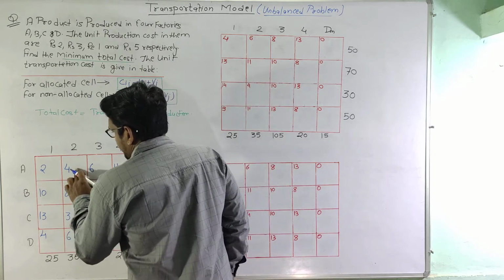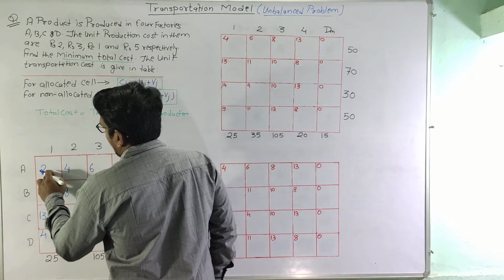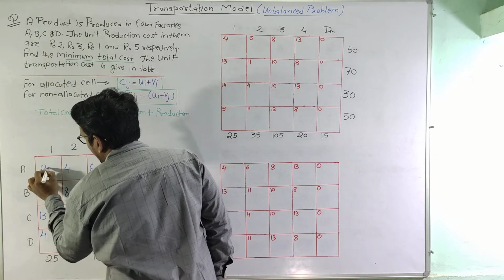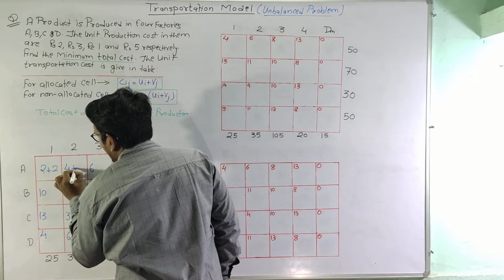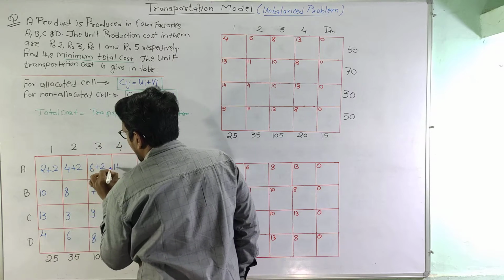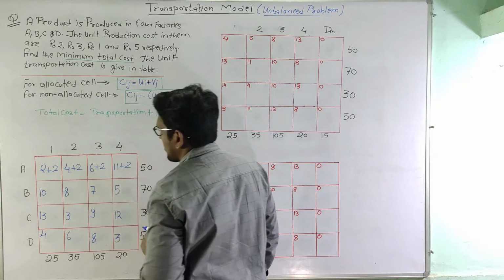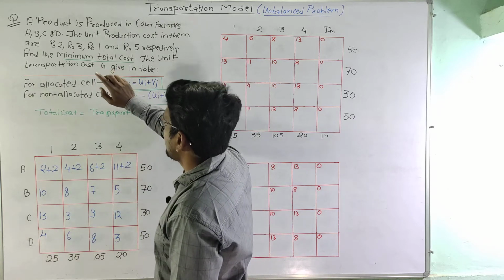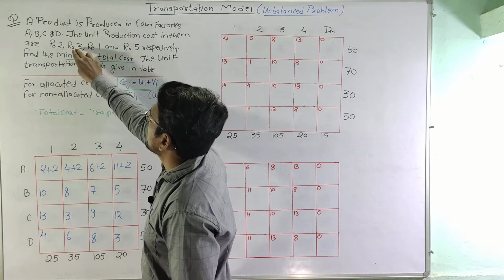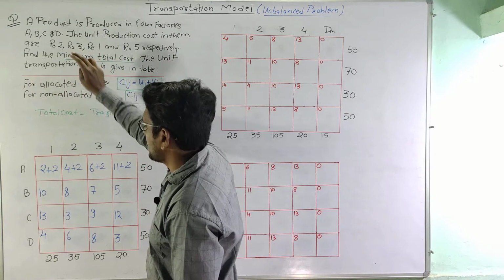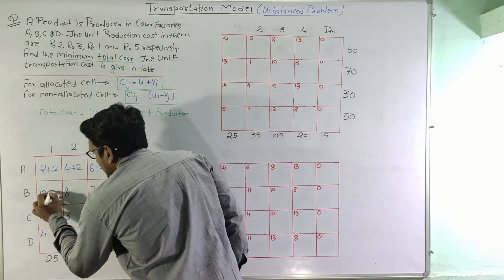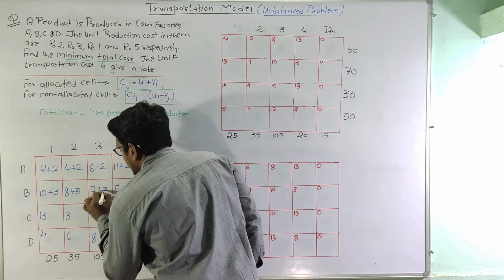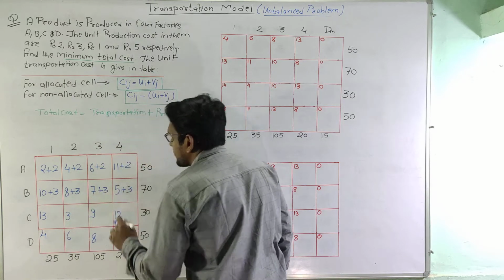So for factory A the unit production cost is 2, so we will add 2 in all the cells. Now this will be the total cost, and factory B has unit production cost as rupees 3. That means we will add rupees 3 here, rupees 3, rupees 3.